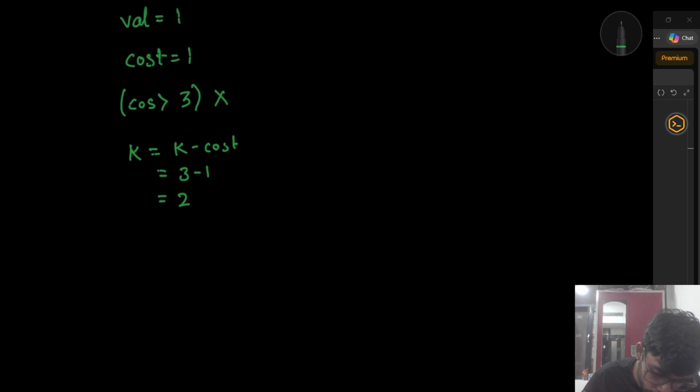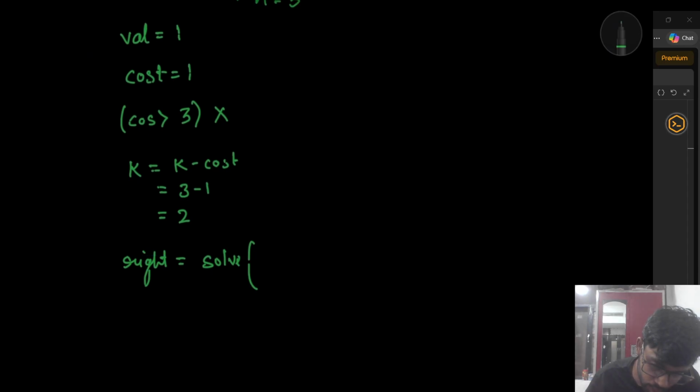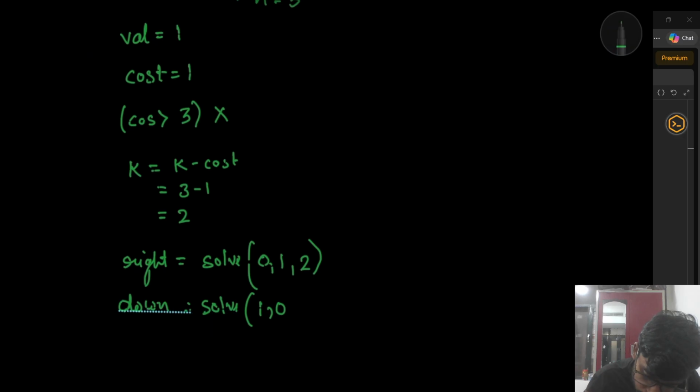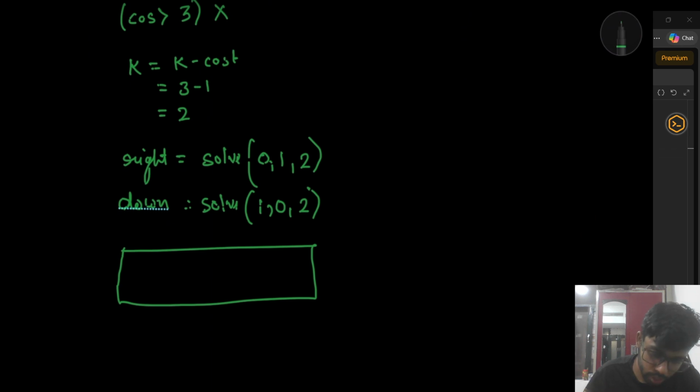It will call right, it will solve with 0 comma 1 comma 2, and down it will solve 1 comma 0 comma 2.